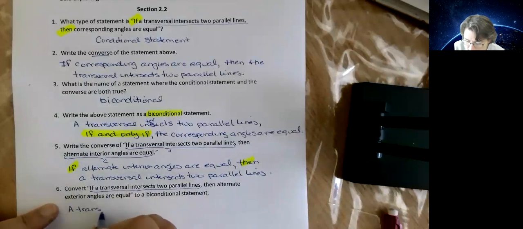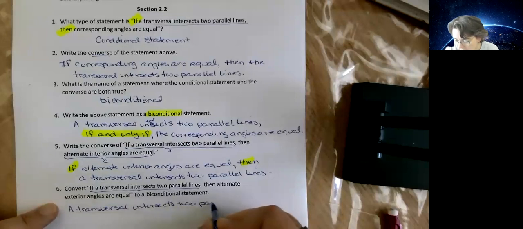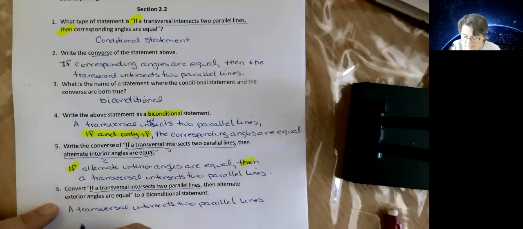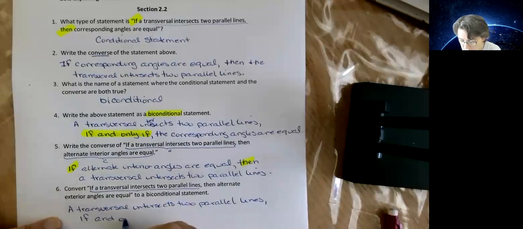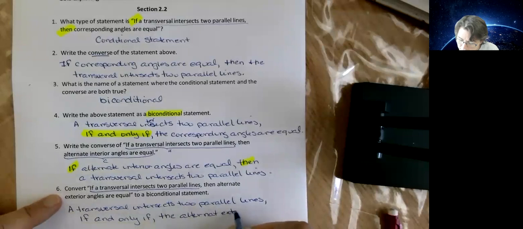A transversal intersects two parallel lines, and our handy dandy phrase, if and only if, the alternate exterior angles are equal.